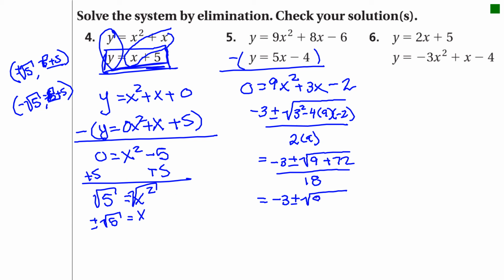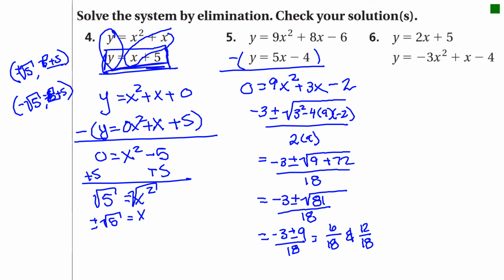Ooh, that turned out to be something nice. Divided by 18. Negative 3 plus minus 9 divided by 18. Negative 3 plus 9 is 6 over 18. And negative 3 minus 9 is 12 over 18.